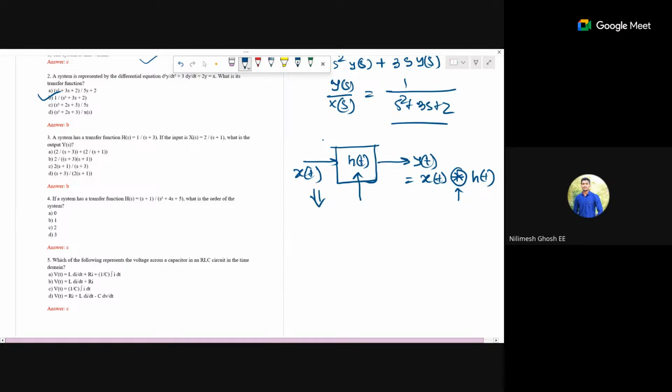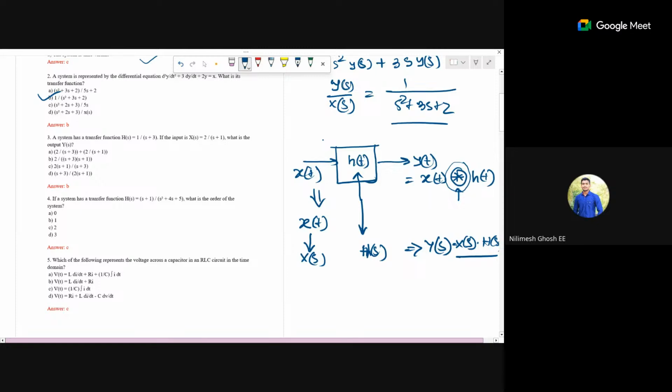The Laplace transform helps us convert the time domain network to a frequency domain network. In the frequency domain you don't have to perform the convolution operation. You directly take x of t and transform it to X of s, h of t transforms to H of s, and Y of s will be directly X of s into H of s.